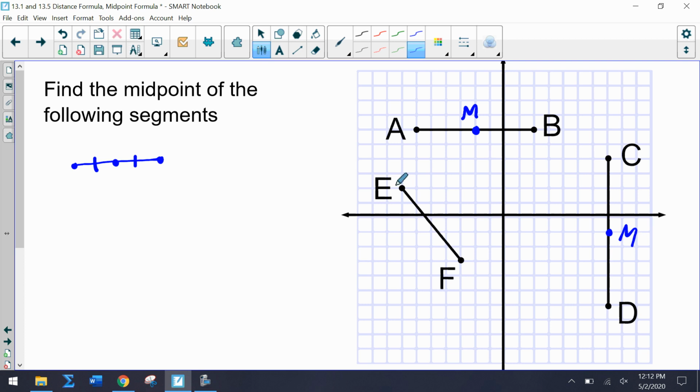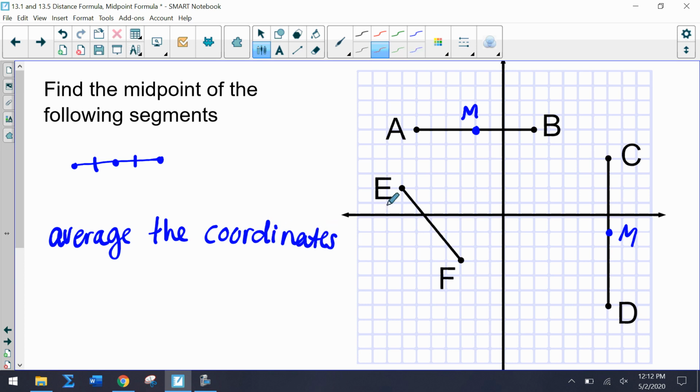But then again, we have something on a slant. And if we wanted to find the midpoint, what we have to do is average the coordinates. So E is -7, 2. And F is -3, -3. So if I'm averaging, I have to say -7 plus -3 divided by 2.